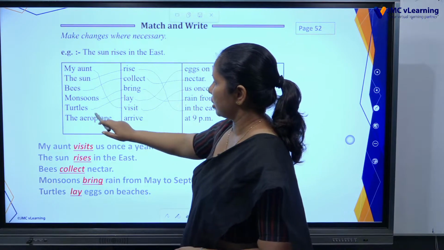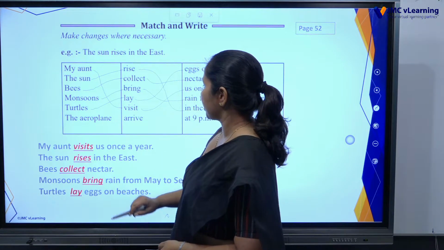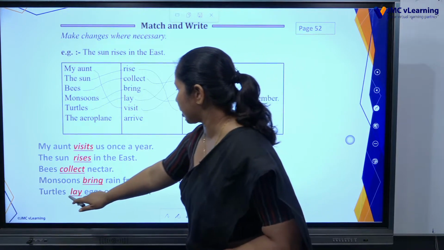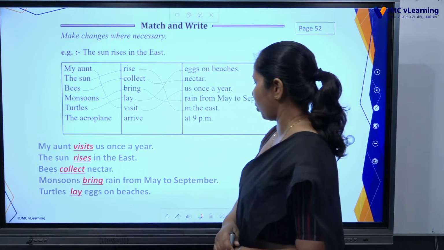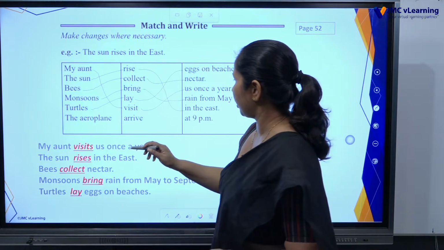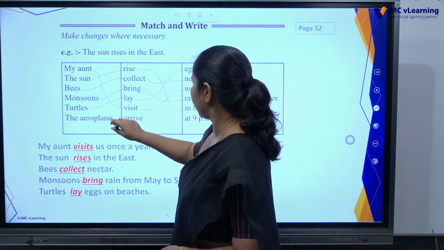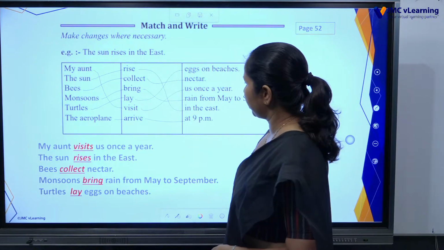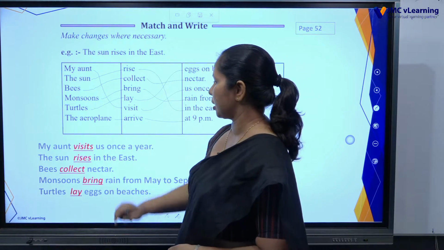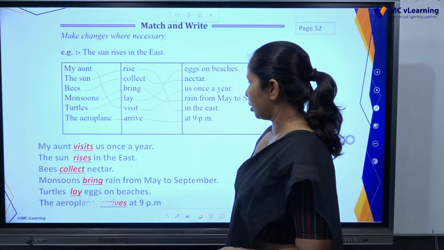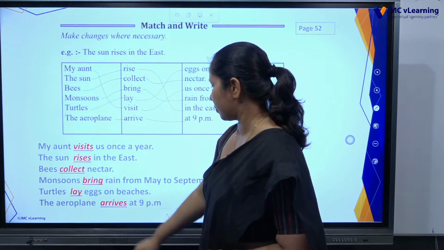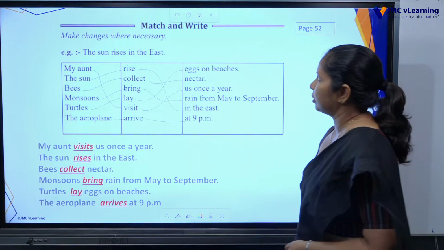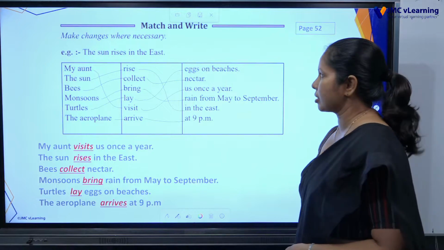Turtles is in the plural form, so there is no need to change the verb. Turtles lay eggs on beaches. The final one, the aeroplane arrive at 9 p.m. Here the aeroplane is in the singular form, so the verb should be arrives at 9 p.m. Okay, now we will go to the next part.